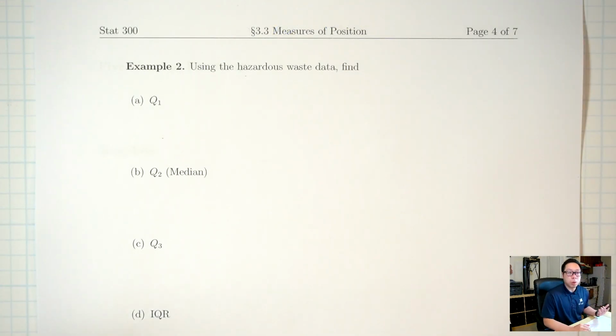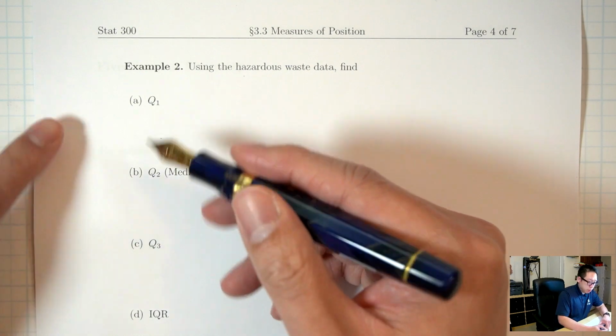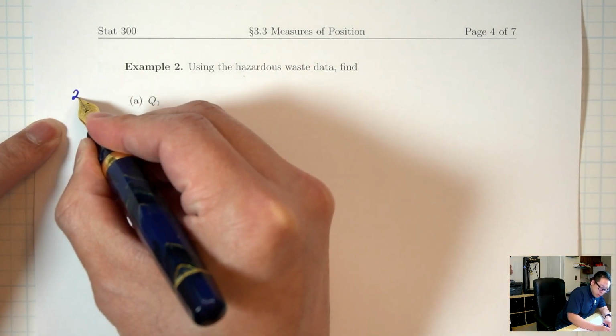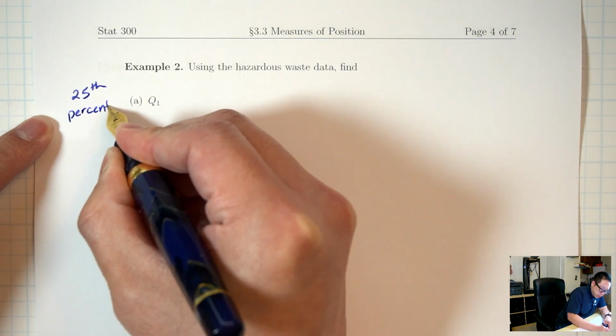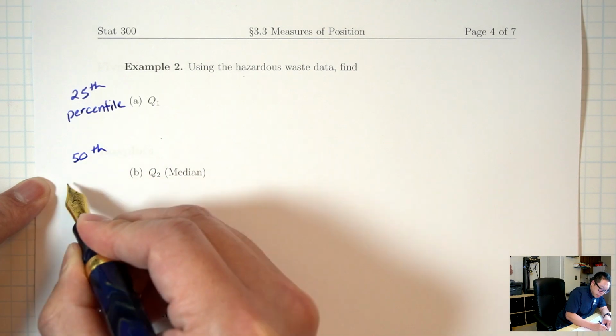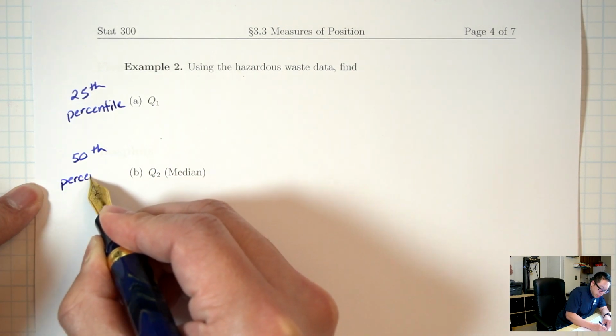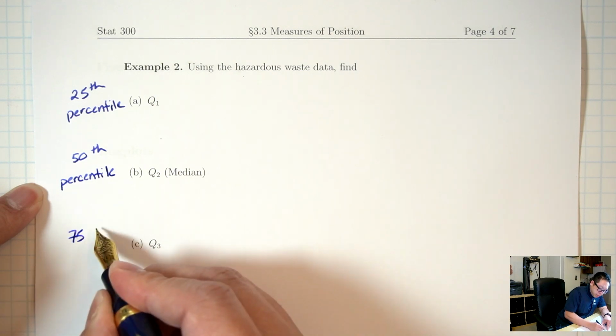Let's now compute all of those quantities that we talked about on the previous page using the data from example 1. Okay, so Q1, Q2, Q3, these are the quarters. Q1 is just the 25th percentile. Q2 is the 50th percentile. Q3 is the 75th percentile.